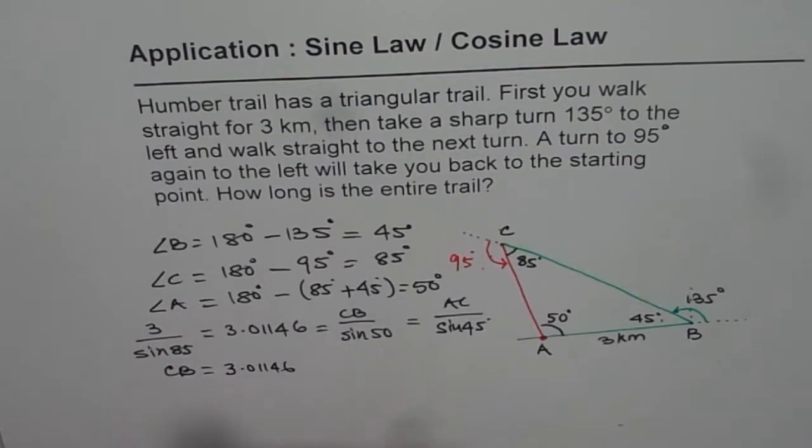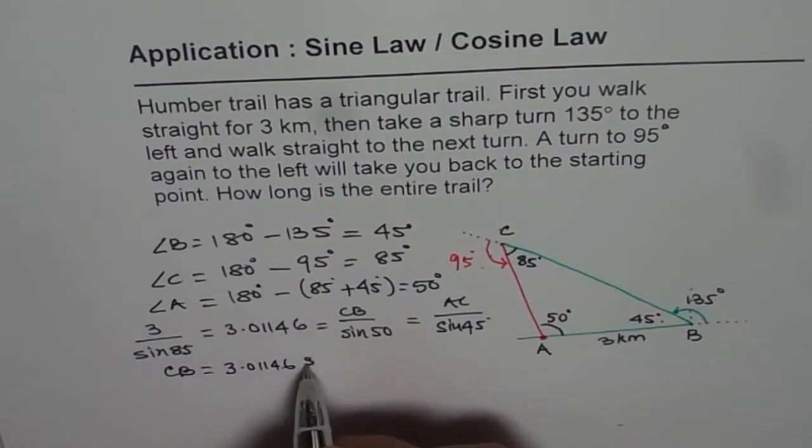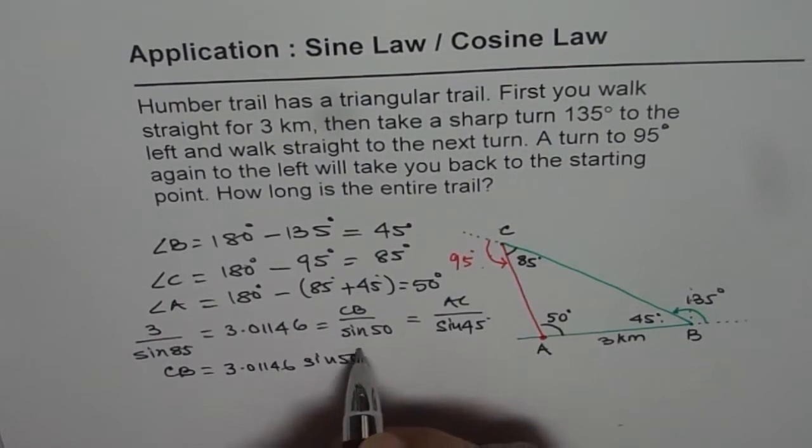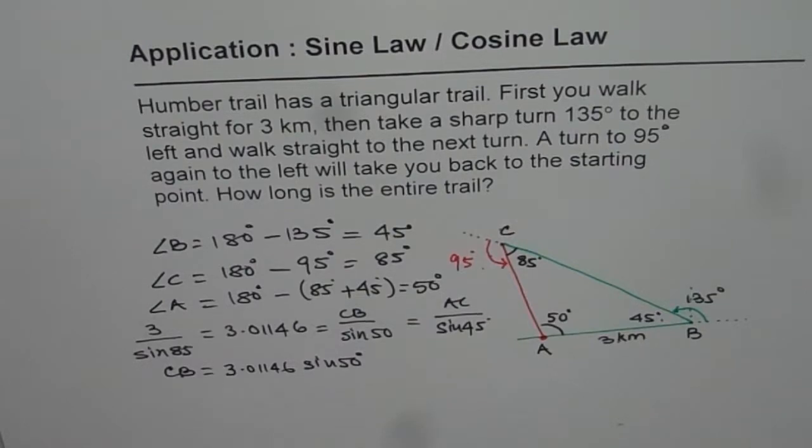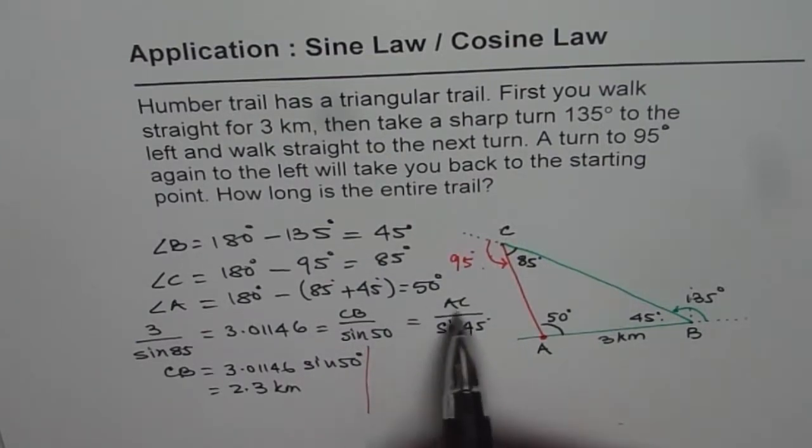So we have BC equals 3.01146, which is 3 over sine of 85, times sine of 50 degrees, correct? Let's calculate this. I already have that value in the calculator. I'm going to multiply that by sine of 50. That gives us 2.30, so I'm writing this as 2.3, and the units are kilometers. So that is one length. The other side length of the triangle is AC.